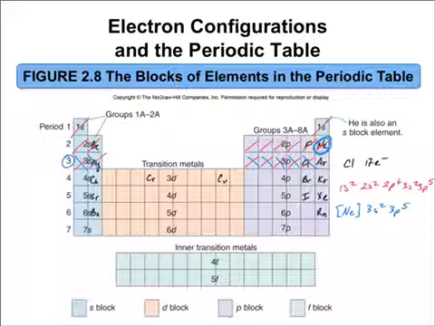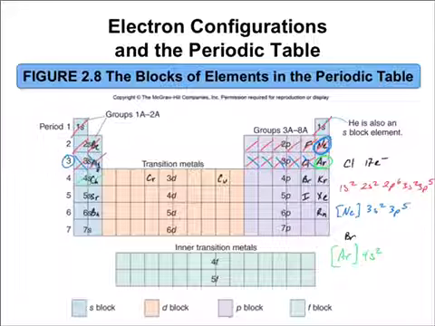Let's do bromine, because we've already seen bromine. Now I'm not even going to put out how many electrons bromine has, because all I have to do is just follow the noble gas configuration. So argon is the noble gas prior to bromine. So argon in brackets, 4s1, 4s2.